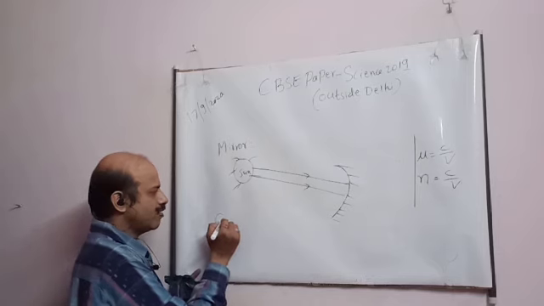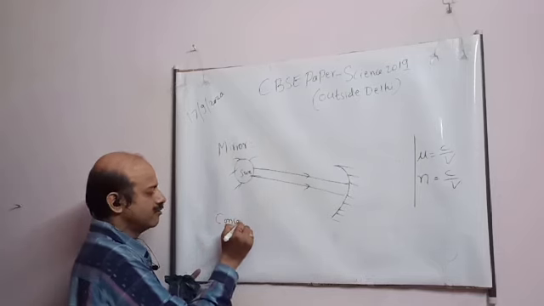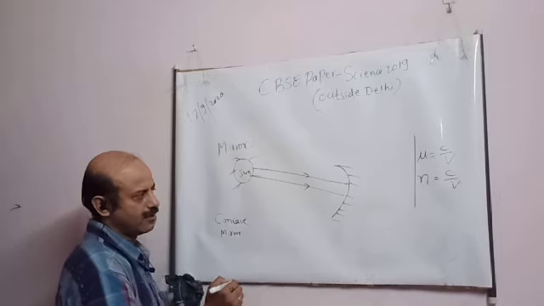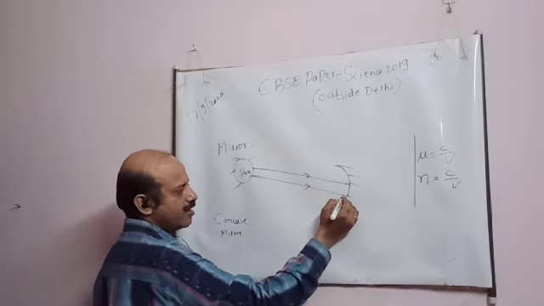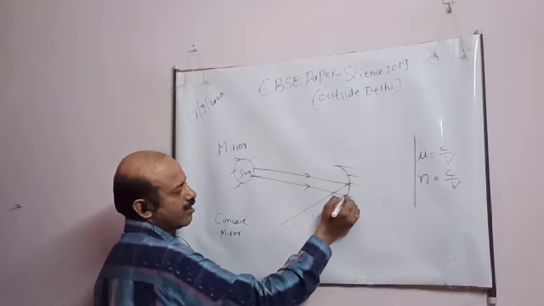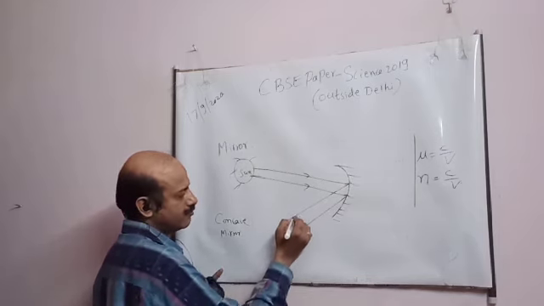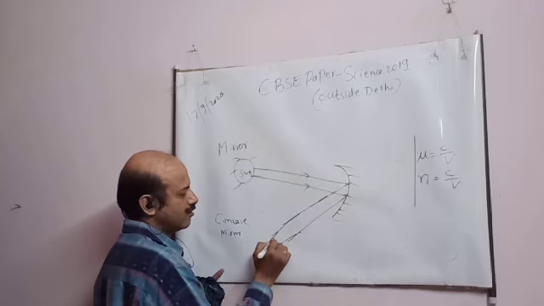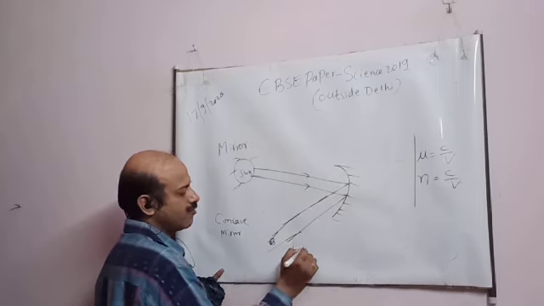It should be a concave mirror. The mirror must be concave. Now these rays will be reflected back here. As you know, the law: angle of incidence is equal to angle of reflection. And they will collect somewhere here, at this point known as the focus.